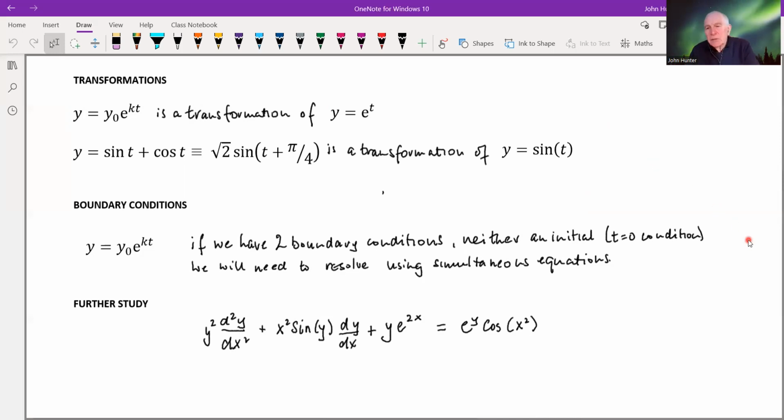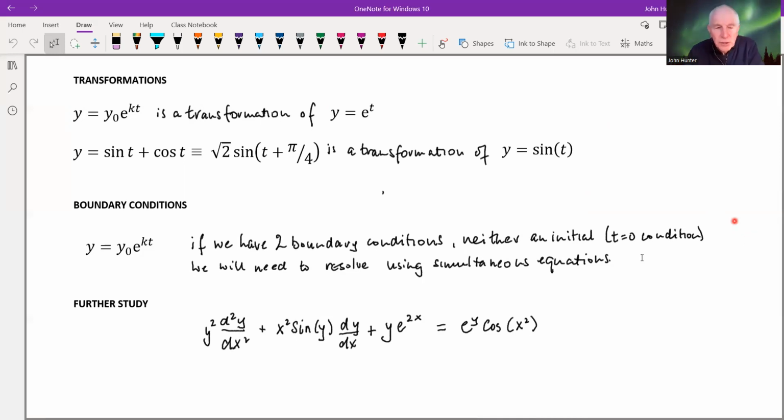Another point on boundary conditions. All the cases we've tended to look at have been ones where we have an initial condition, so some value when t equals 0.